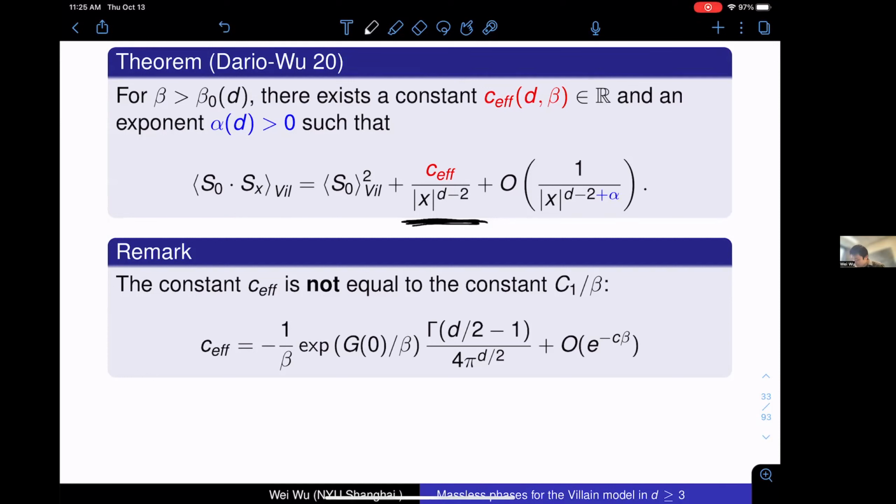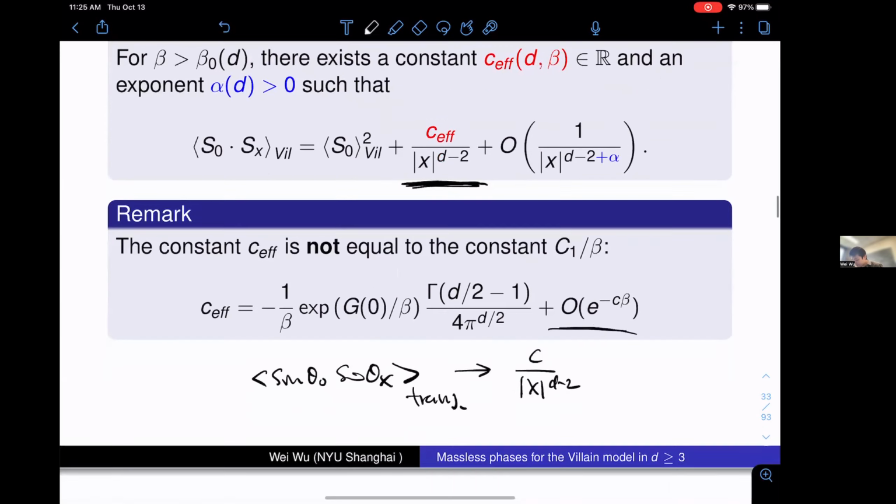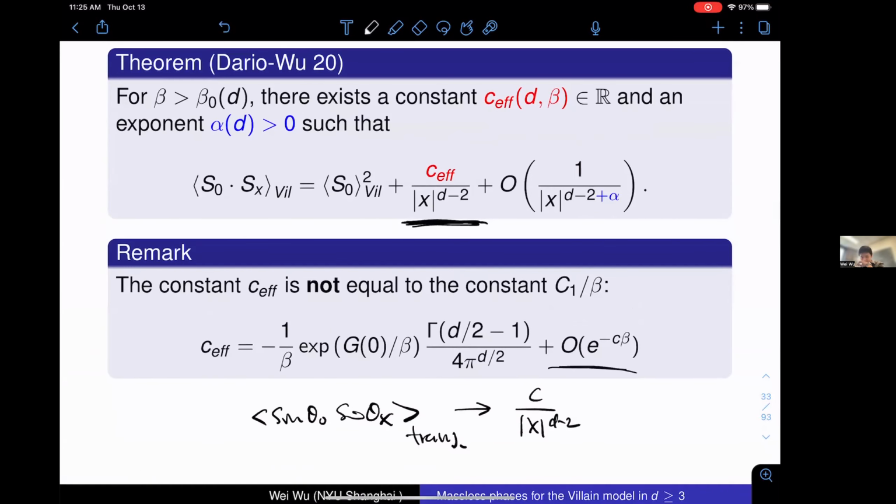We managed to see that this is not the same, and we know that this is a small correction by an exponentially small order. And we are also able to obtain this transversal correlation asymptotics. Basically, we know that sine theta 0 sine theta x in this transversal case converges to a constant divided by x to the d minus 2. Okay, so that's basically our result.